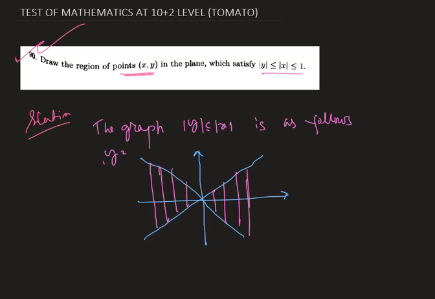This straight line is y = -x and this one is y = x.